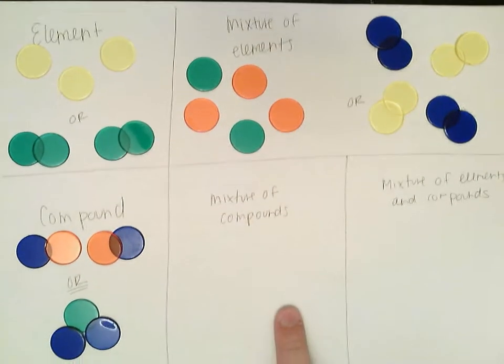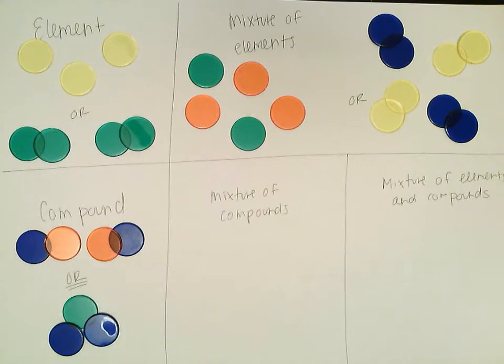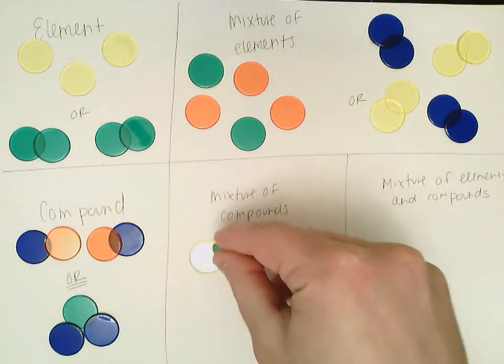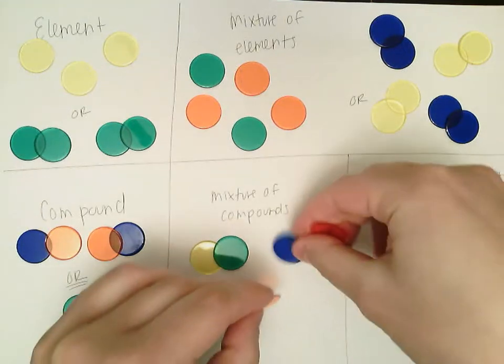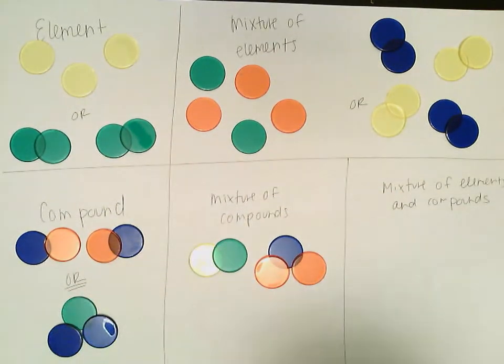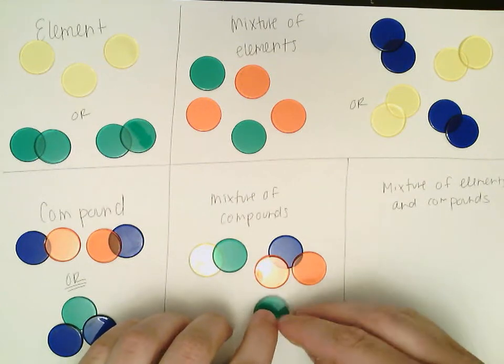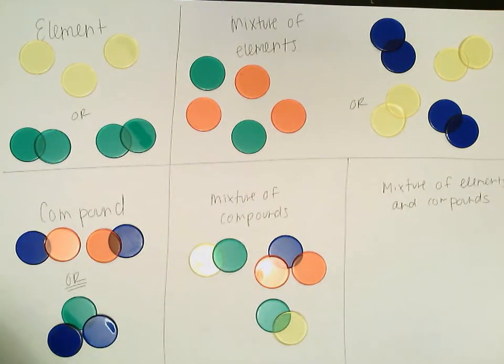Now let's talk about something with a mixture of compounds. So let's say I had this compound and this compound. So that's a mixture of compounds there. I can add a few more so we can kind of see what those look like.